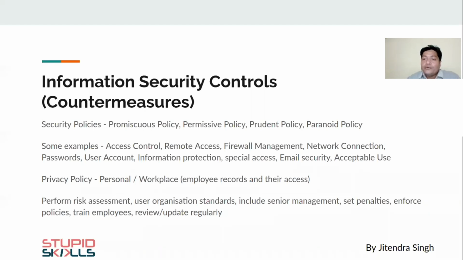In paranoid you won't allow any kind of interaction or exchange of information, whereas some set of interaction is possible under permissive policies. So based on that level, they are divided into these four.